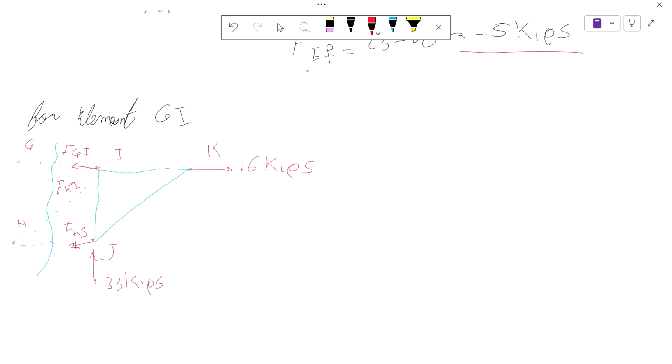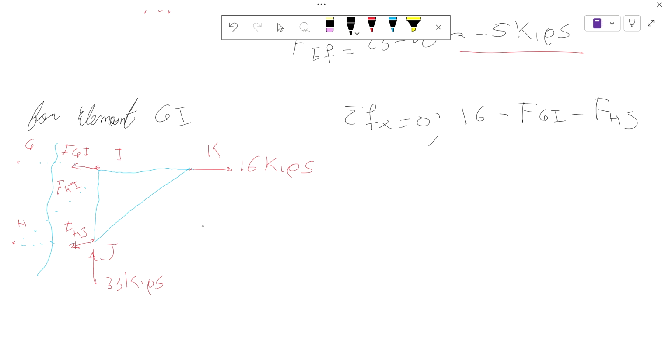Okay, so in order to find that, let's do summation of forces. Since we need to find G, I already see a problem because summation of forces in X equals 0. We have positive 16 minus force GI minus force HJ. And summation of forces is not going to help us find a horizontal force.